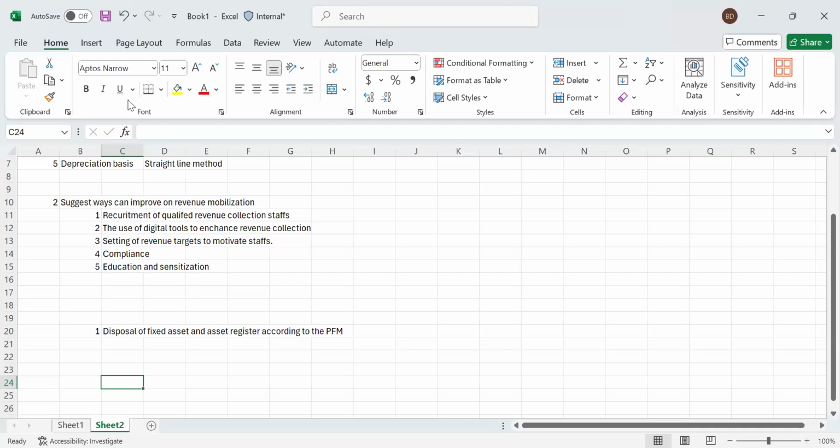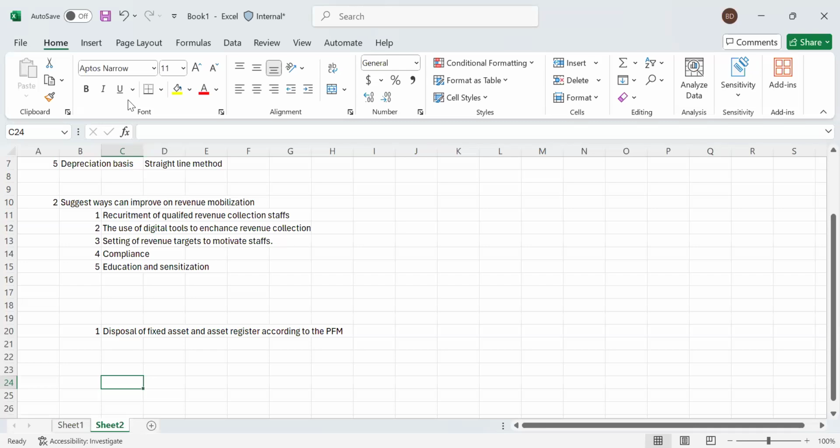So in this case, you say the Public Financial Management Act prescribes processes and procedures that an entity must undertake when it comes to an asset register.